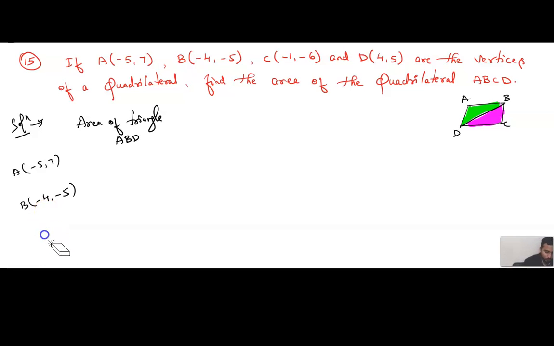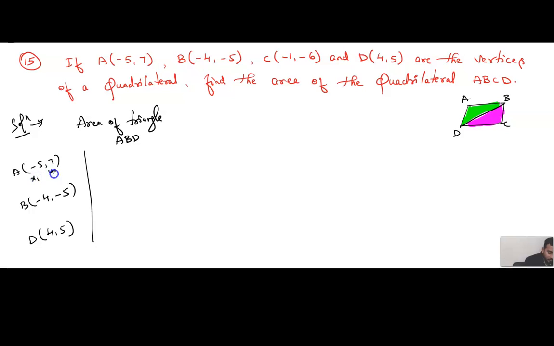Very important. You should not skip your concentration. Sometimes you will write D, but you will take C values and you will solve. Be careful. Got it? So that is nothing but D. The coordinates of D are 4 comma 5. If you want, you can join AC and also solve. Okay, good. So area of triangle ABD, once again let me cross check: A is minus 5, 7, B is minus 4, minus 5 and D is 4 comma 5.